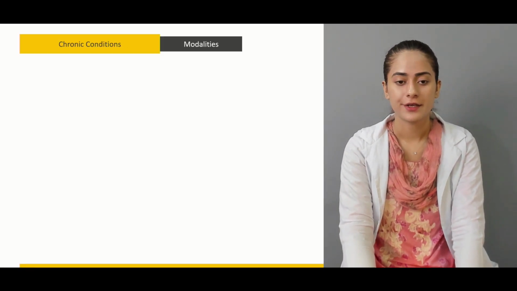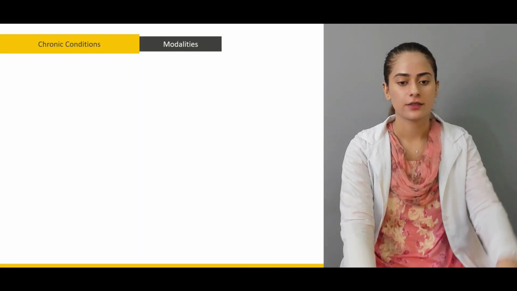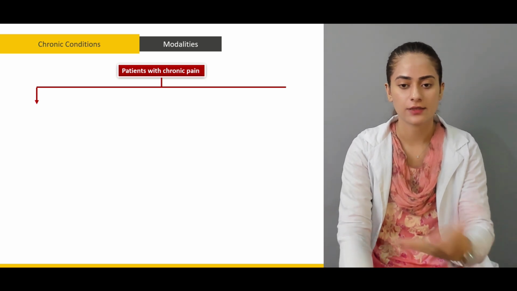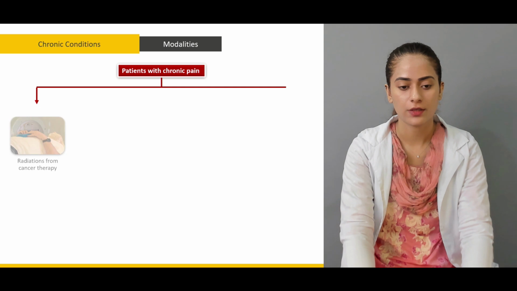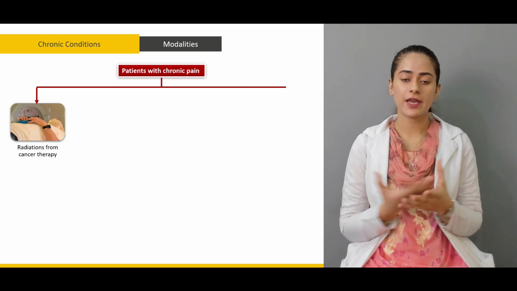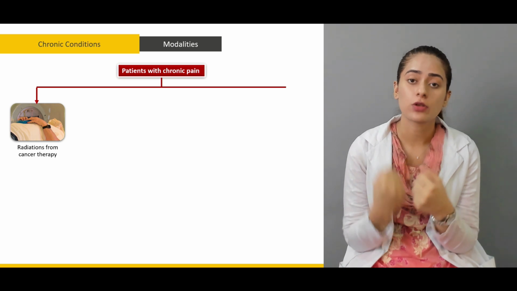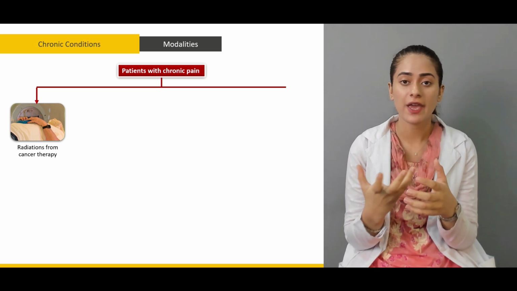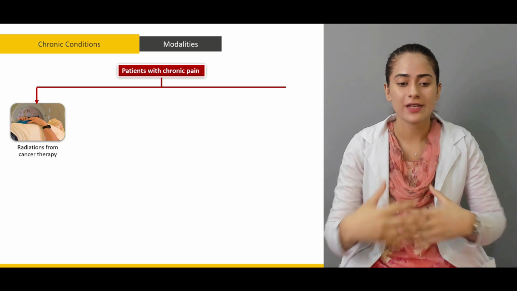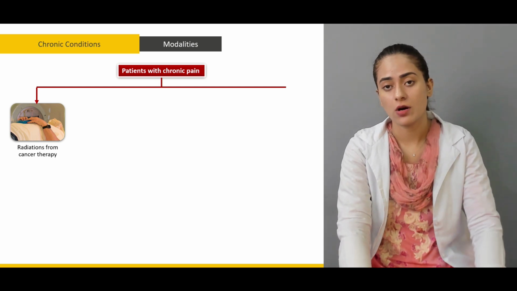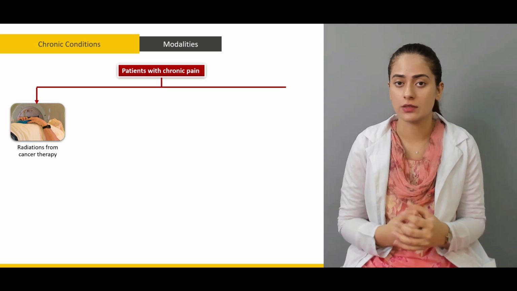So now we're going to talk about, again, chronic conditions, what the signs are and how to diagnose them. What actually results in chronic pain in these conditions is, sometimes, that cancer patients are in constant pain, right?